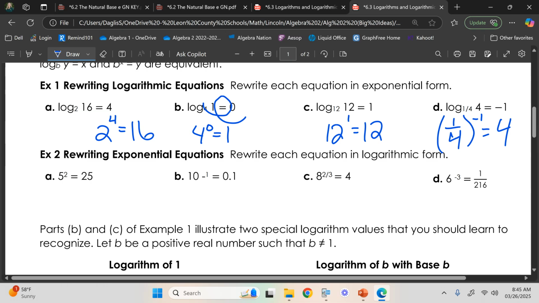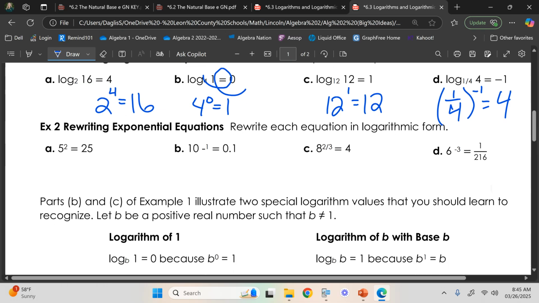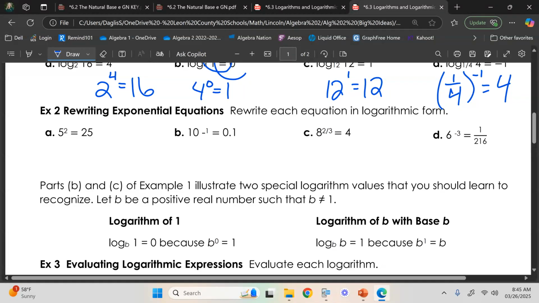Now we're going the other way. I'm going to give you an exponential, and I want you to write the log. My first one is 5 squared equals 25. What is the base of my log? 5. Log base 5 of 25 equals the exponent, which is 2.